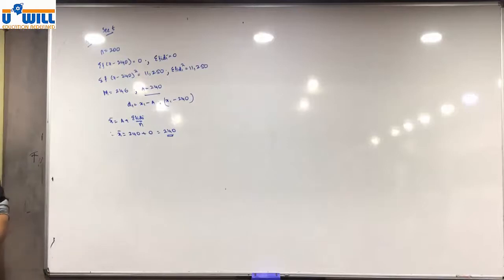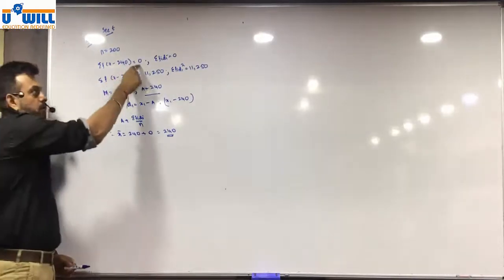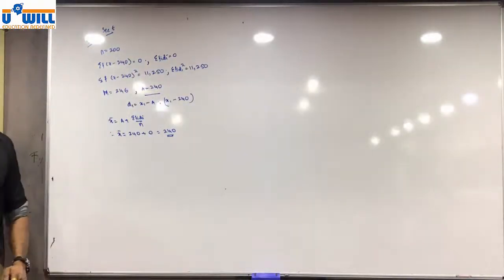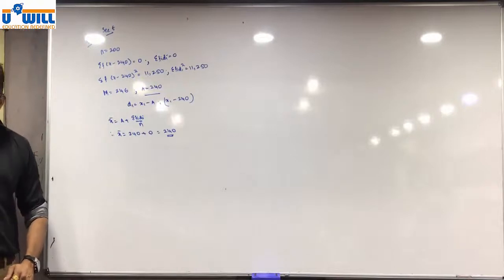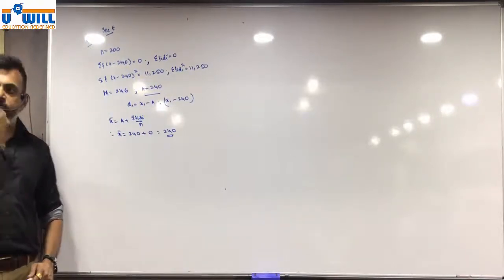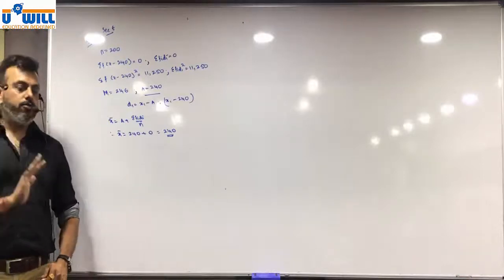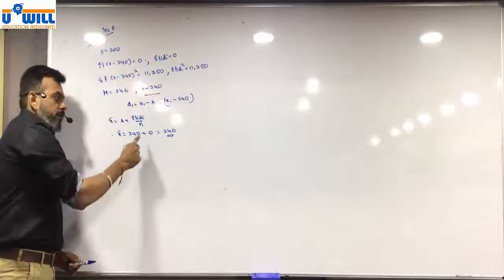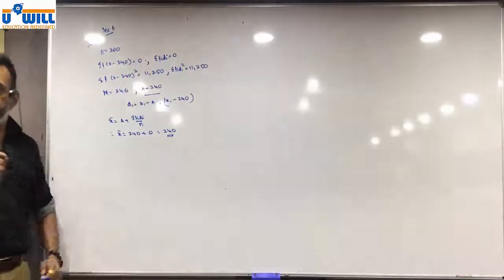Here coincidentally this is 0, so this is the mean. If you try with xi, fi, di, fi into di, taking some other assumed value instead of the mean, you will not get 0. Here coincidentally it is 0, therefore this is equal to the mean.